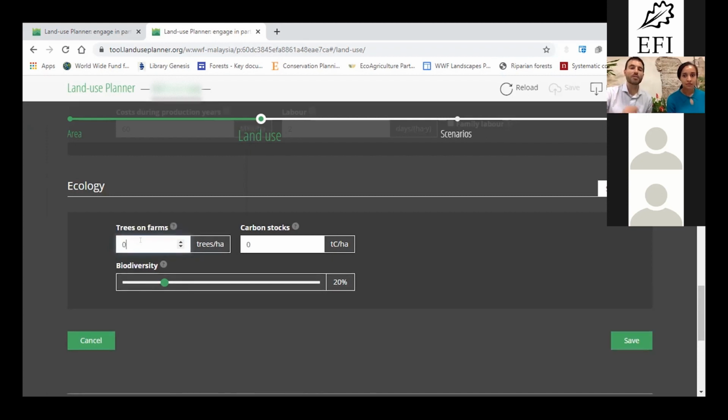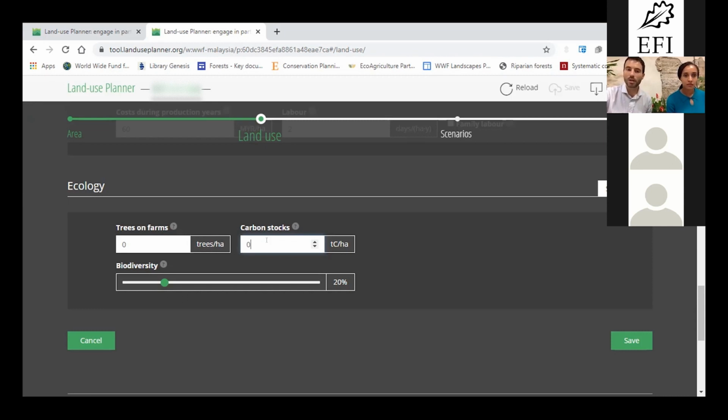Okay. And the carbon stocks, here you have a 0, but you should have a bit more, because here we are trying to capture the average carbon stocks that is stored in your plantation. So this is a plantation which, at year 0, has no carbon stock because everything is clear cut. But on average, over the cycle, you have some carbon stock, so you can account for it here.